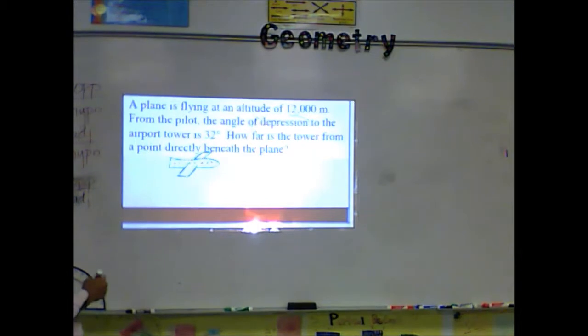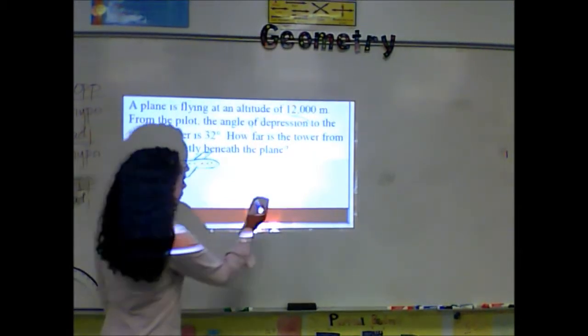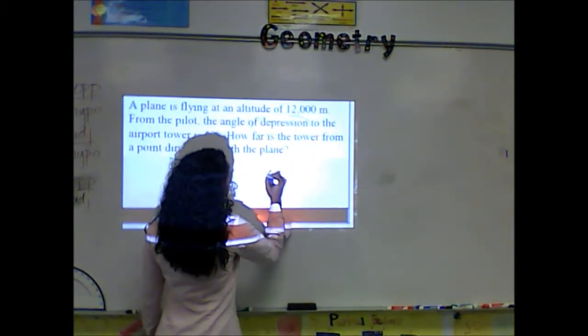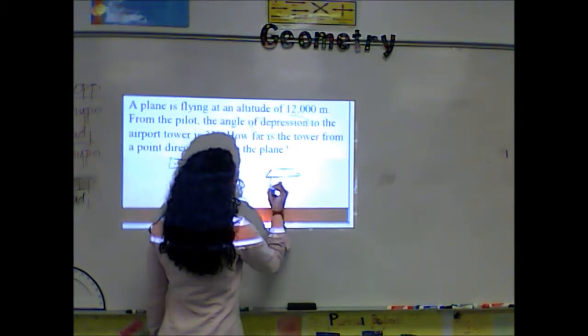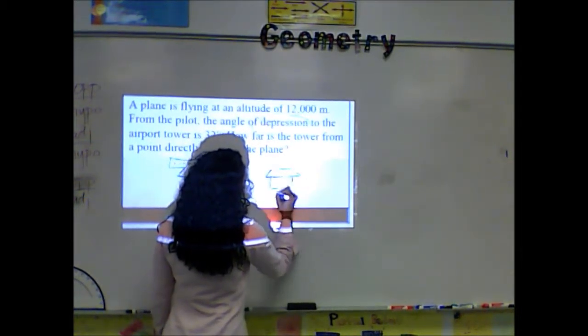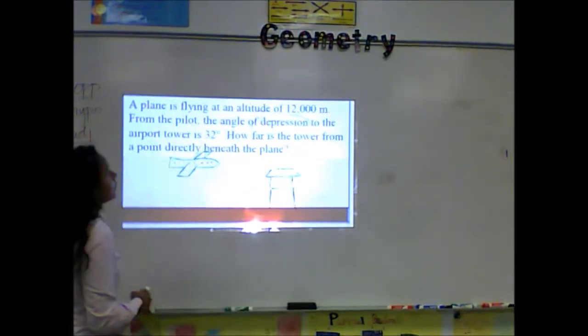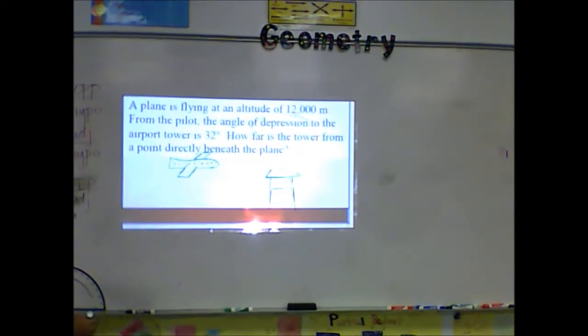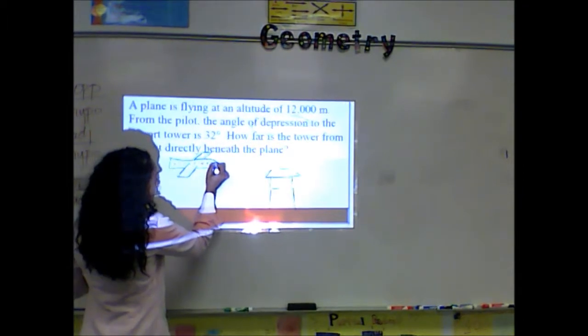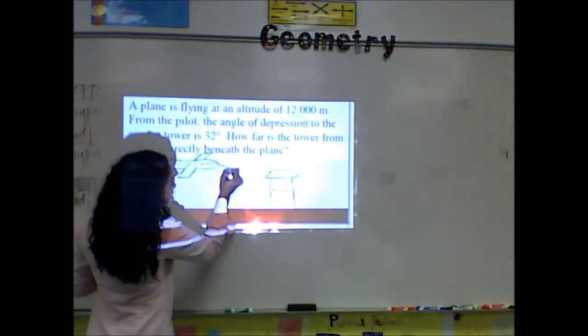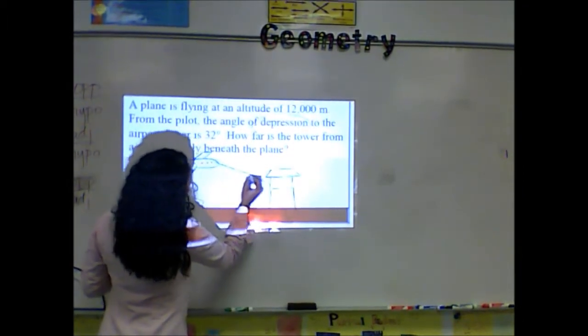From the pilot, the angle of depression to the airport tower, and the airport tower can kind of look like the Space Needle. So the pilot has to look down 32 degrees.